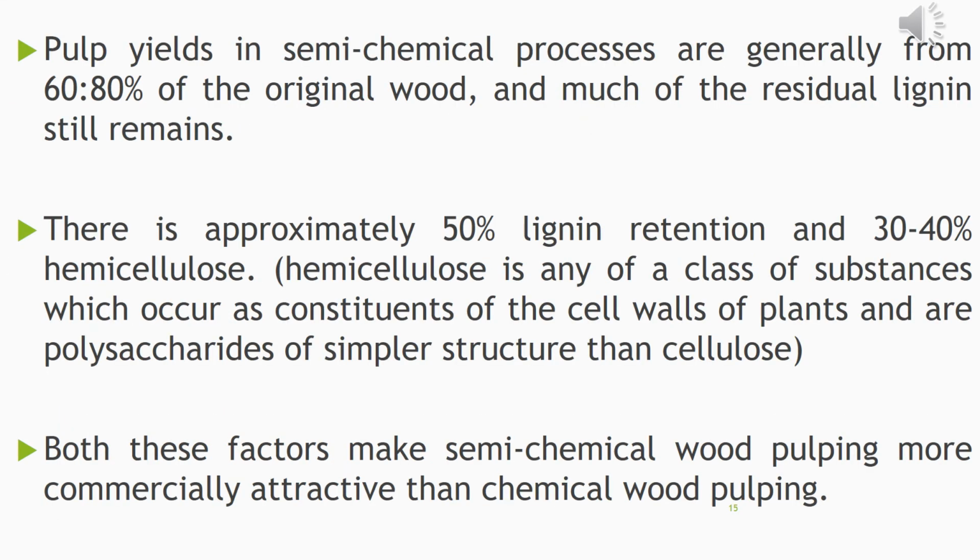The pulp yield in the semi-chemical process is generally from 60 to 80% of the original wood, but much of the residual lignin still remains in it.